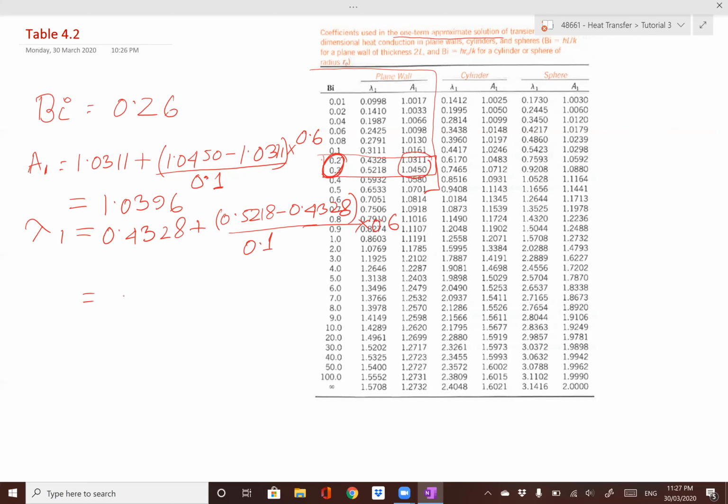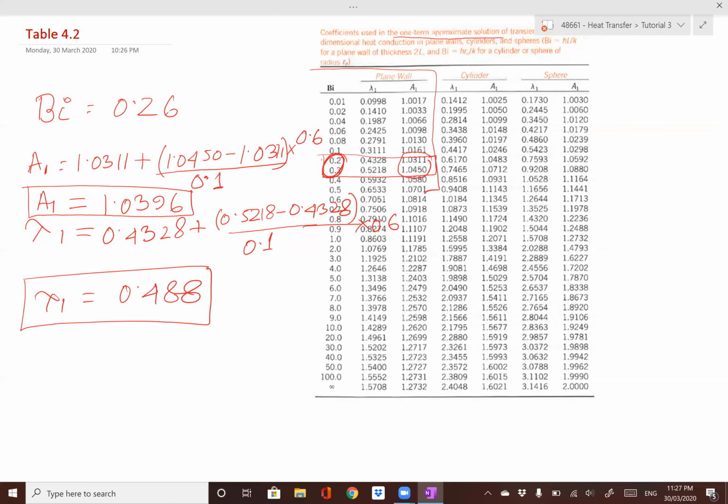It will give you lambda 1 for Biot number 0.26 is 0.488. So we got our A1 and lambda 1 for the Biot number 0.26.